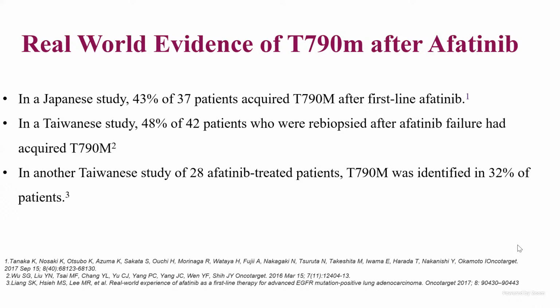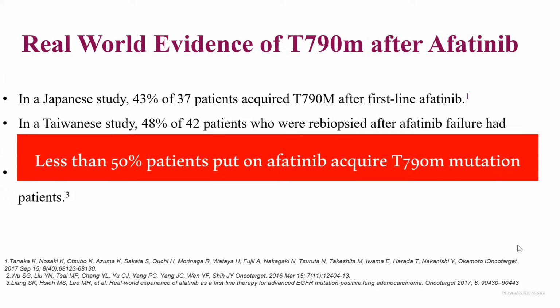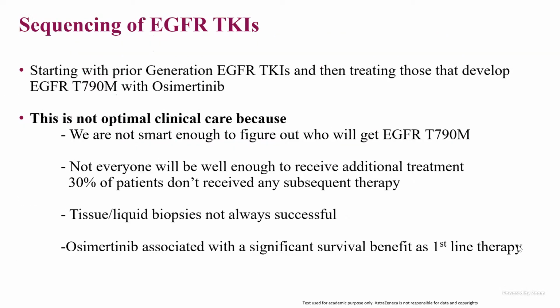And in another Taiwanese study, of 28 afatinib treated patients, it was diagnosed in 32% of the patients. So T790M mutation is generally found in 32 to 48% of the patients. Less than 50% of the patients put on afatinib acquired T790M mutation.